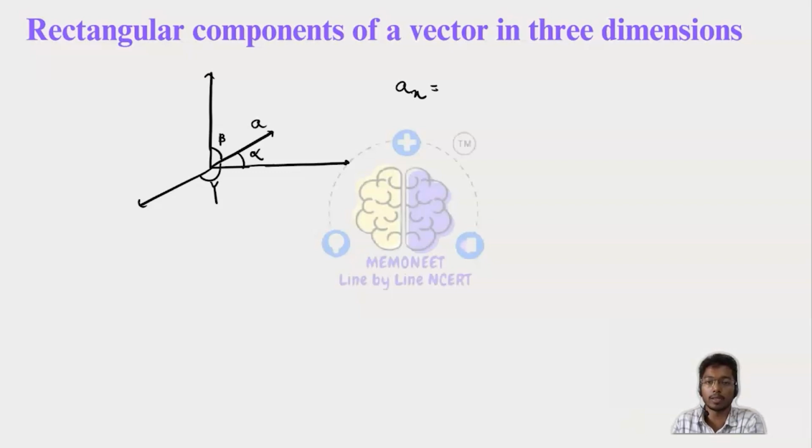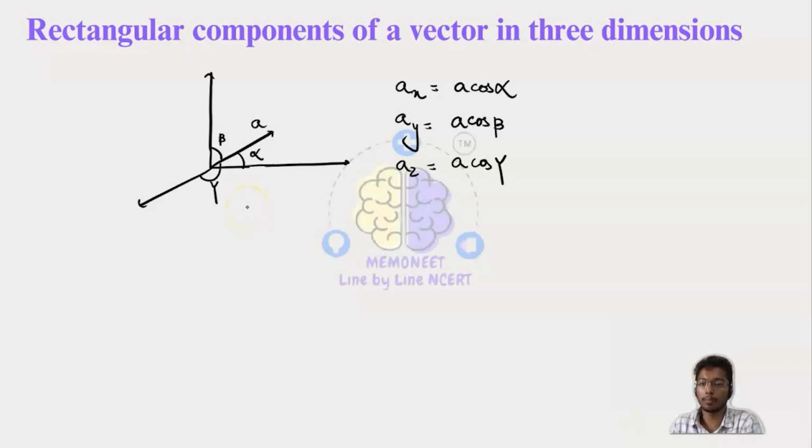The Ax component is equal to A cos alpha, Ay is equal to A cos beta, and Az is equal to A cos gamma.